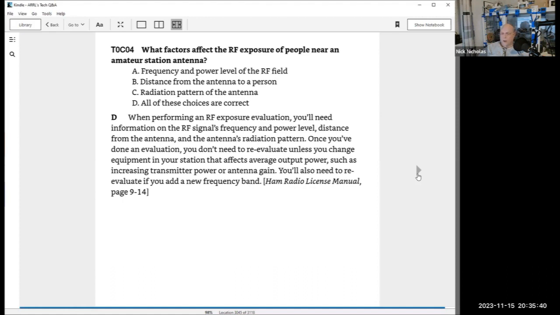Using the ARRL charts or the online calculators available, you can calculate what's the safe distance to your antenna. And then you have to make your antenna installed in a way that people can't get closer than that.